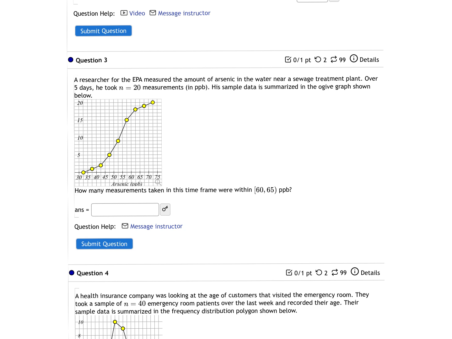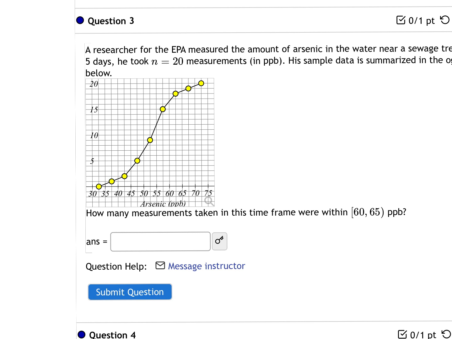So, how many measurements were taken within the time frame of 60 to 65? So here's 60. Here's 65. Right? There's my parts per billion. I'm going to go over this way.